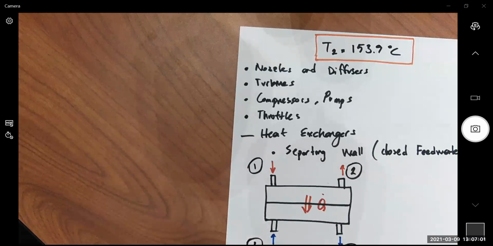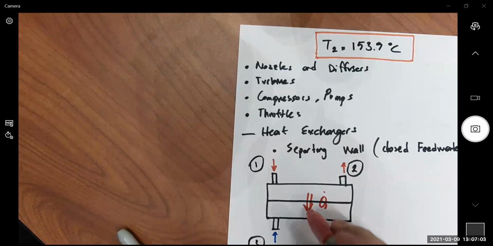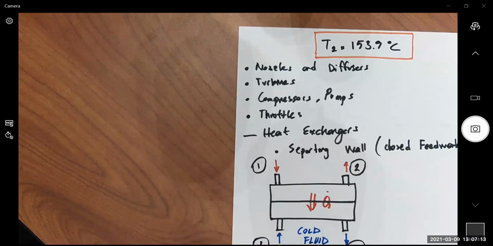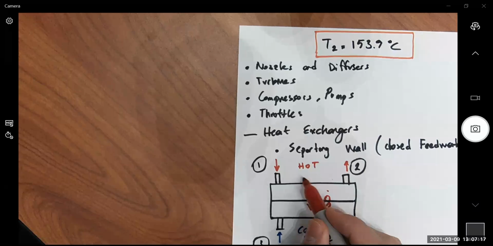Heat transfer takes place between them. The one on the bottom is the cold fluid. In this case, it could be on the top, it doesn't matter where it is. And on the top is the hot fluid.